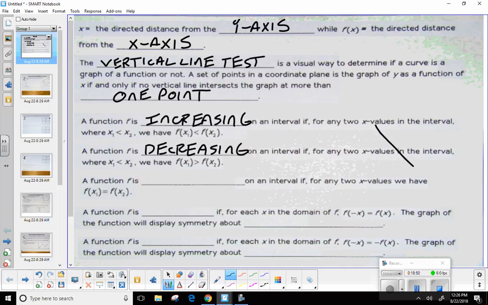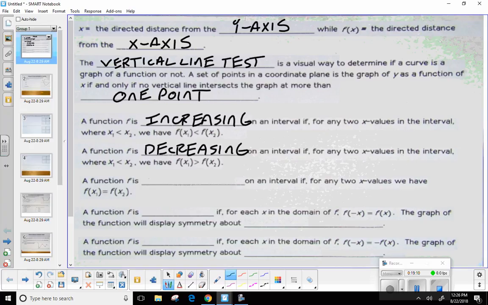So you'd see something like that. Okay. Now the thing about increasing and decreasing, you always look to see where the y values are getting larger or where they're getting smaller, but you use the x-axis to describe where that happens.